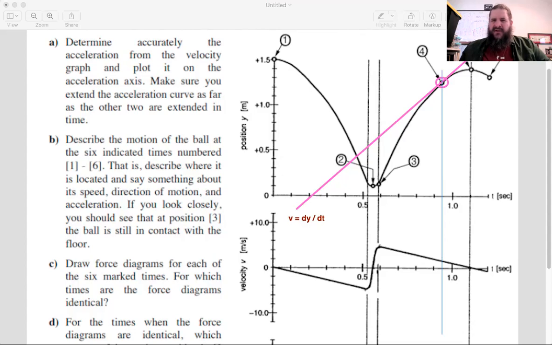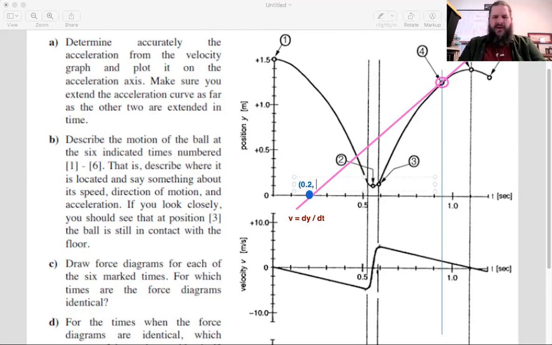For instance, it looks like this line passes through some good data points there. This looks like it's pretty close to 0.2, 0. Not exactly, but pretty close. So we can use that as an approximation.